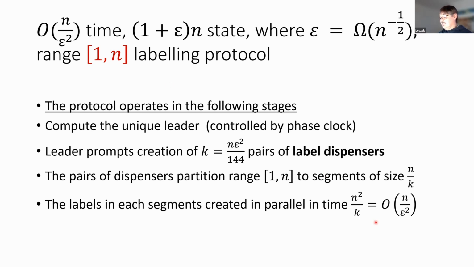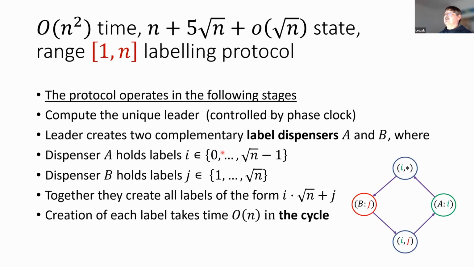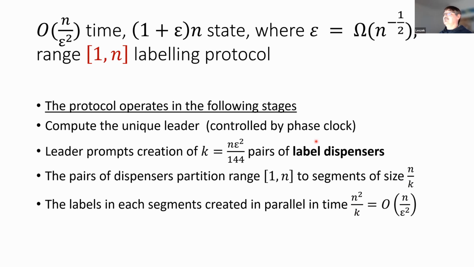Instead of generating a single pair of dispensers, we can actually generate k pairs of dispensers, also using this kind of expanding tree. These pairs of dispensers will split the whole range into segments of size n over k, and manage the labels in those specific ranges at the same time, in parallel, right?